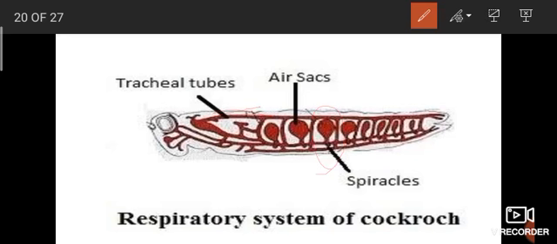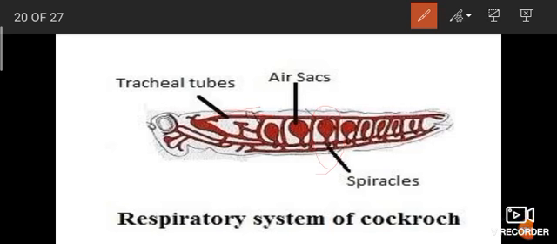The air enters the body through the spiracles and diffuses to the cells via the trachea. Similarly, the air from the cells enters the trachea and moves out of the body through the spiracles. So in cockroaches, the air enters the body through the spiracles.